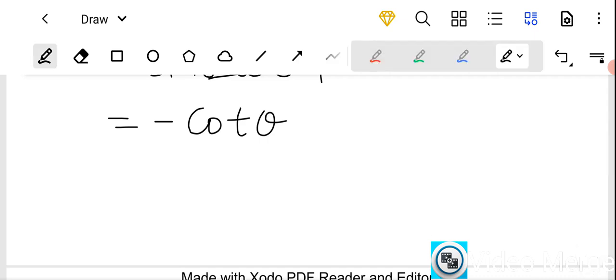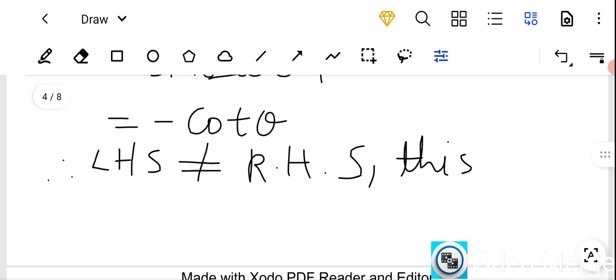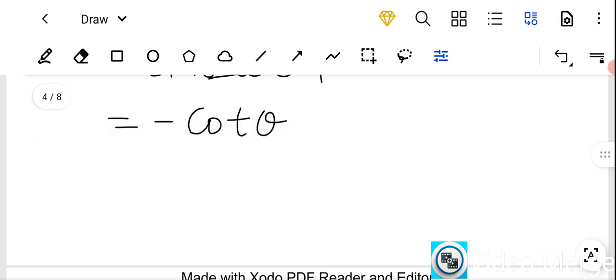You will say, therefore left hand side is not equal to right hand side. Let me just reduce the handwriting.